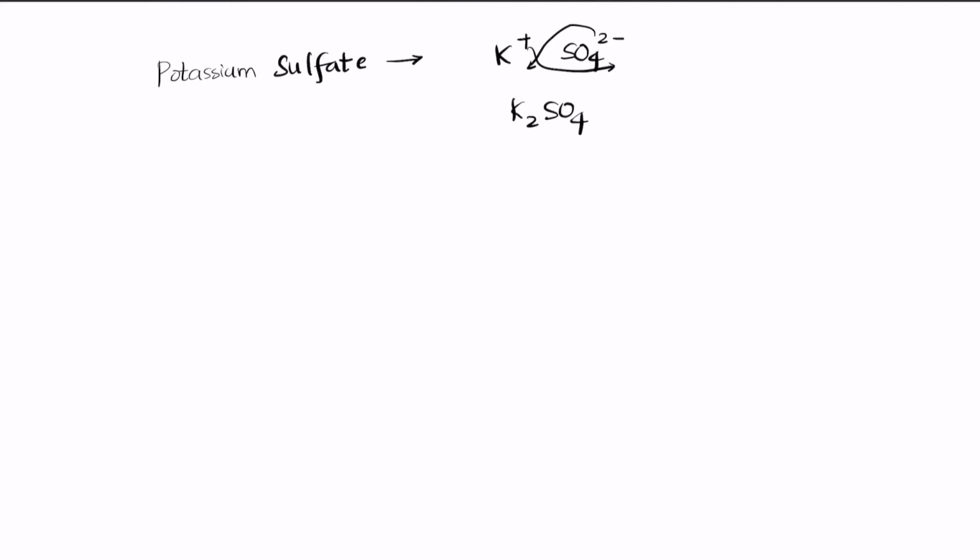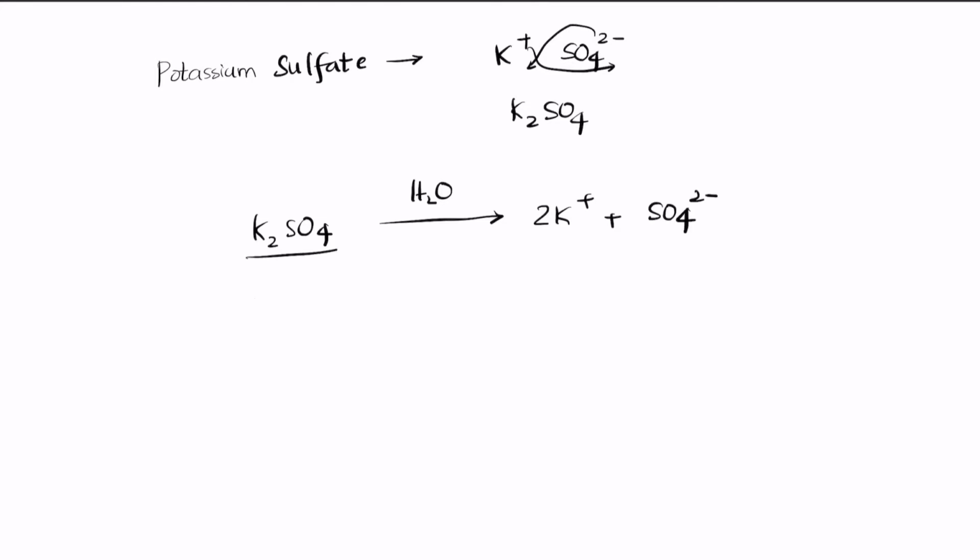We know that potassium is K plus, sulfate is SO4 2 minus. So for potassium sulfate, exchange the charges, so you get K2SO4. When K2SO4 is mixed in water, it dissolves into 2K plus and SO4 2 minus.